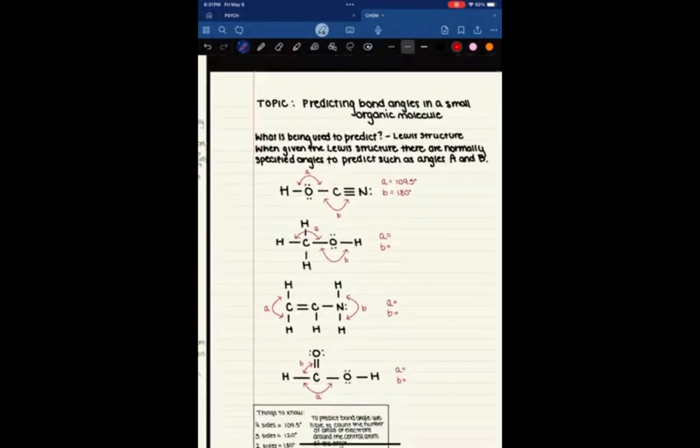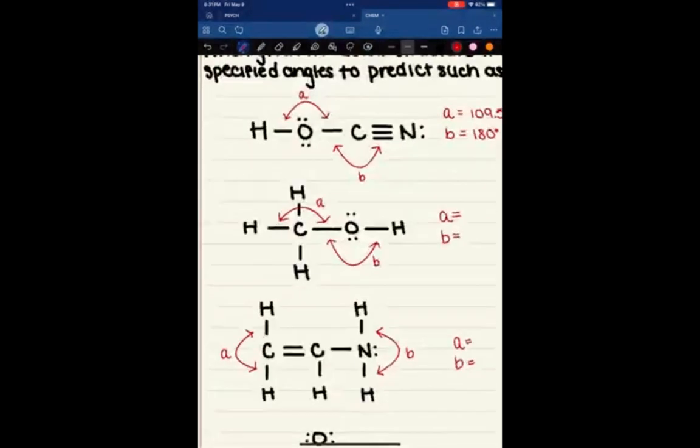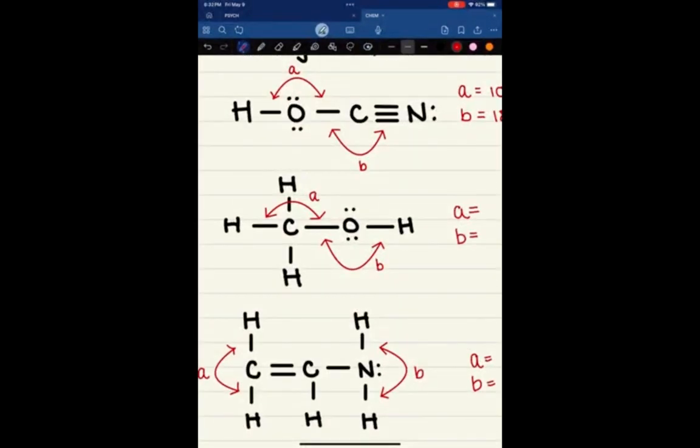Let's look at our second Lewis structure here. First we're going to take a look at angle A again. For angle A, we have hydrogen, carbon, and oxygen. And again, we are going to have carbon as our central atom.